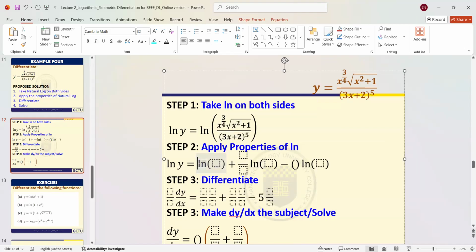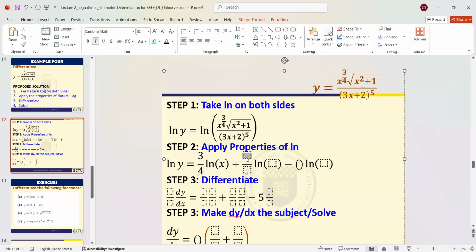I'm sure you should realize that the power 3 over 4 will come and multiply. So I have x raised to the power 3 over 4, and then the numerator, I think I should bring it here: 3 over 4 natural log of x.